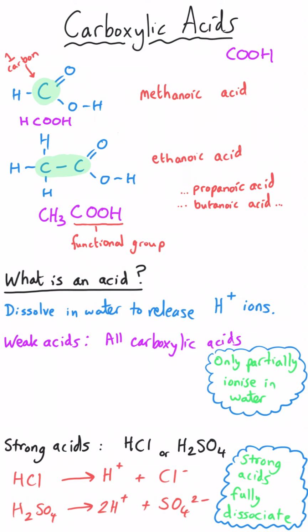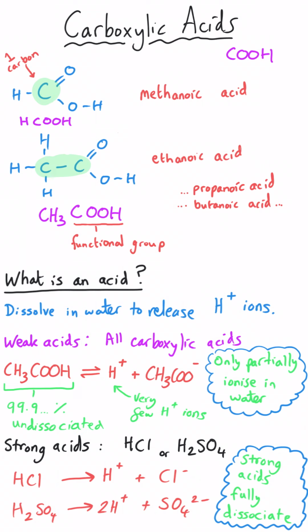Only a small proportion of the ethanoic acid, for instance, will actually dissociate and become ions. Sort of 1 in a million, or maybe even fewer, of these acid molecules will actually fall apart. As a result of this, carboxylic acids do what you'd expect any acid to do, but less vigorously.